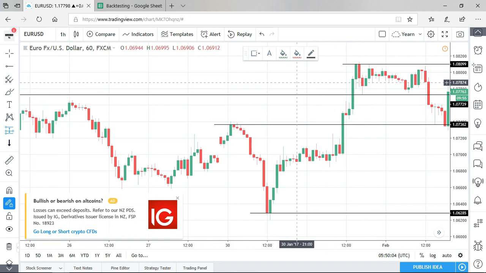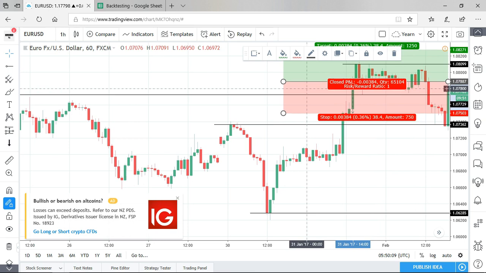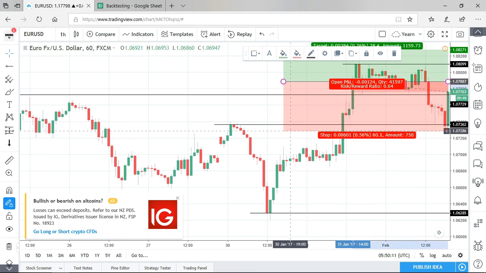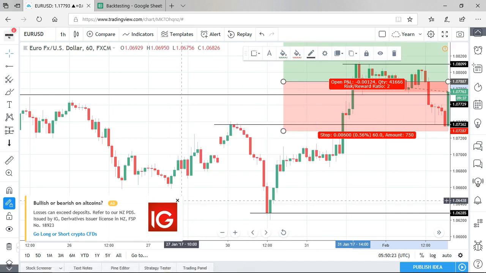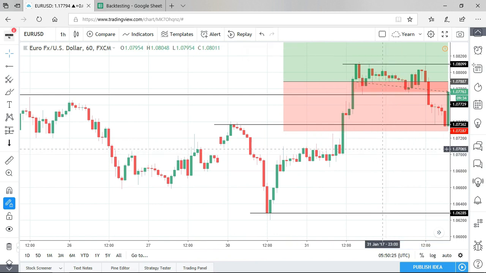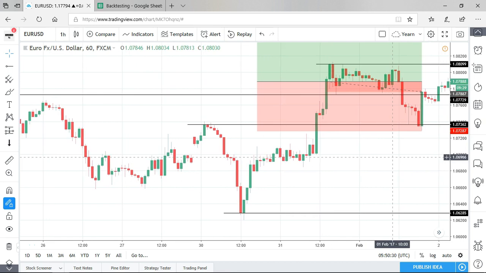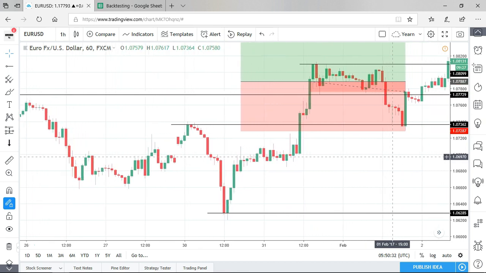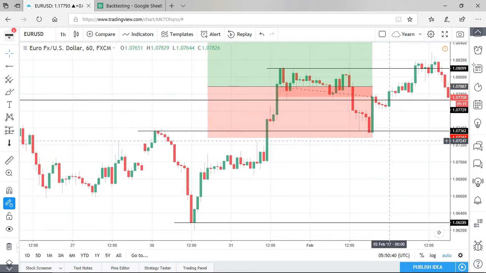This time it's long, the entry is right above, stop loss is right below, and the risk reward should be 1 to 2. So again, we're going to scroll forward and see the outcome of this trade. So this trade is now triggered, and we're just going to scroll forward and see what happens.